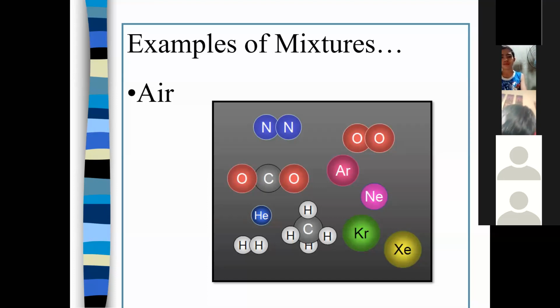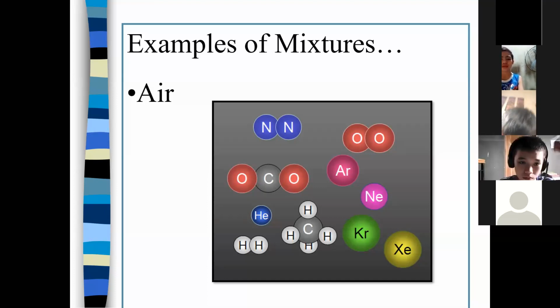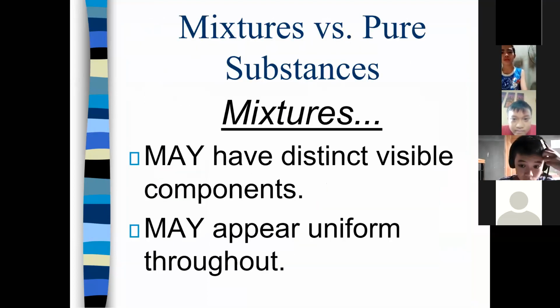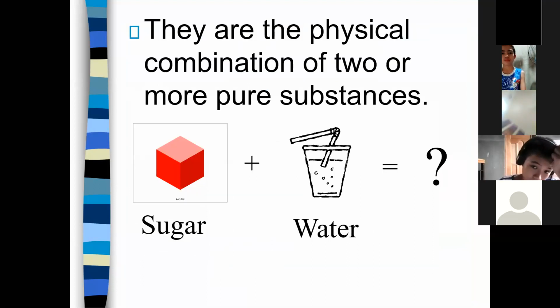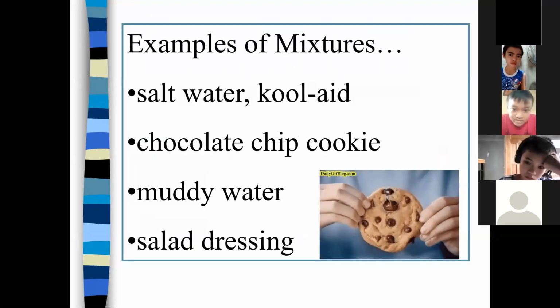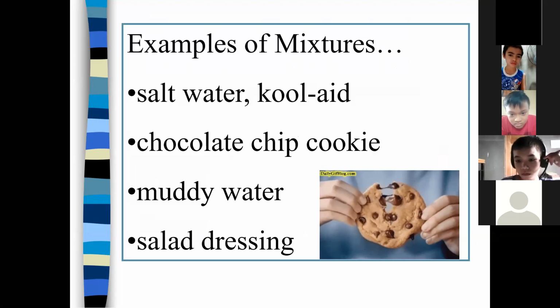Okay, what about the pure substances class? So here are examples of mixtures. Mixtures may appear uniform. For example, sugar and water may appear uniform like water itself, but it already has a component, the sugar. They also may appear not uniform, like the chocolate chip cookie.